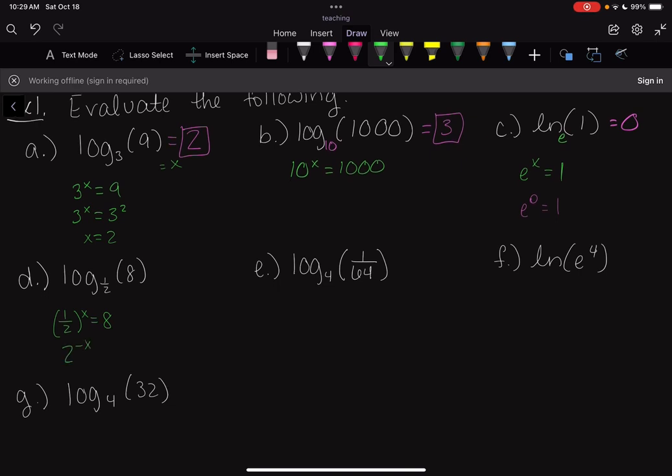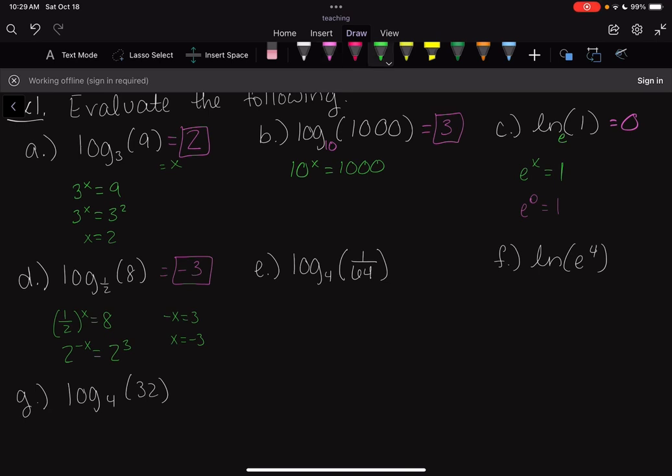So 2 to the negative x, I can rewrite that. And then 8 would be 2 cubed. So I get -x equals 3. So x equals -3. The negative is what flips me so that I'm no longer a fraction. And then I got to get that 2 to become 8. So that's where the 3 comes in.